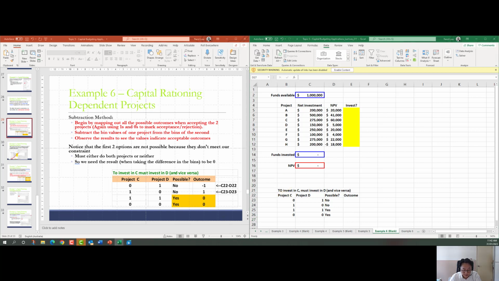And over here we have the subtraction of this, C22. Sorry, just moving around.